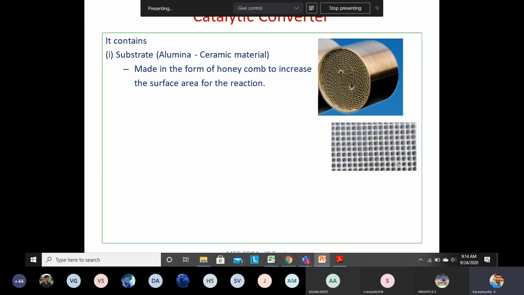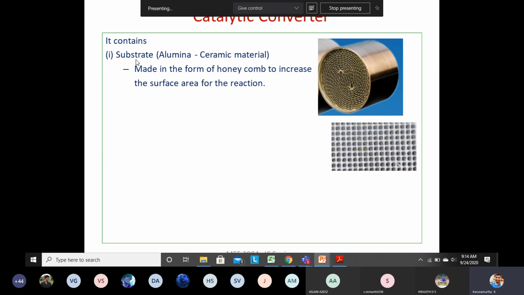The first one we call the substrate, then we have a wash coat, then we have a catalyst, or many catalysts. These are the three major components. Apart from that, we have an outer casing to cover the entire catalytic converter, right?